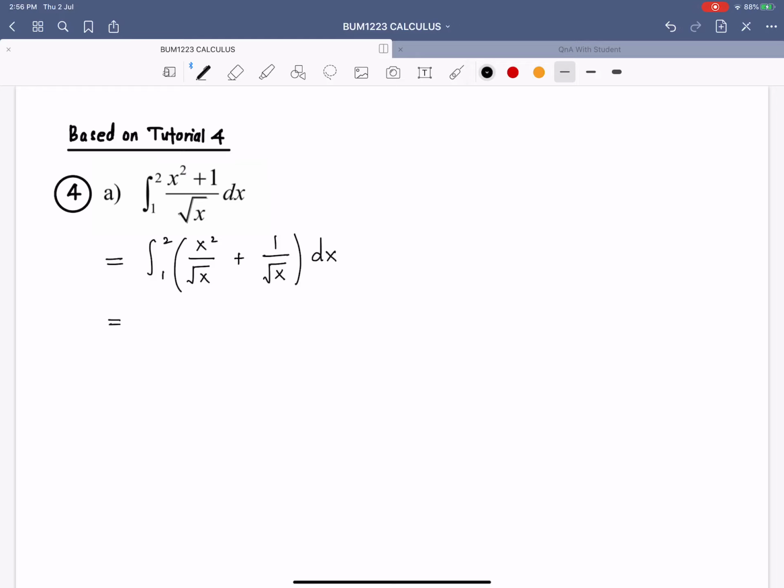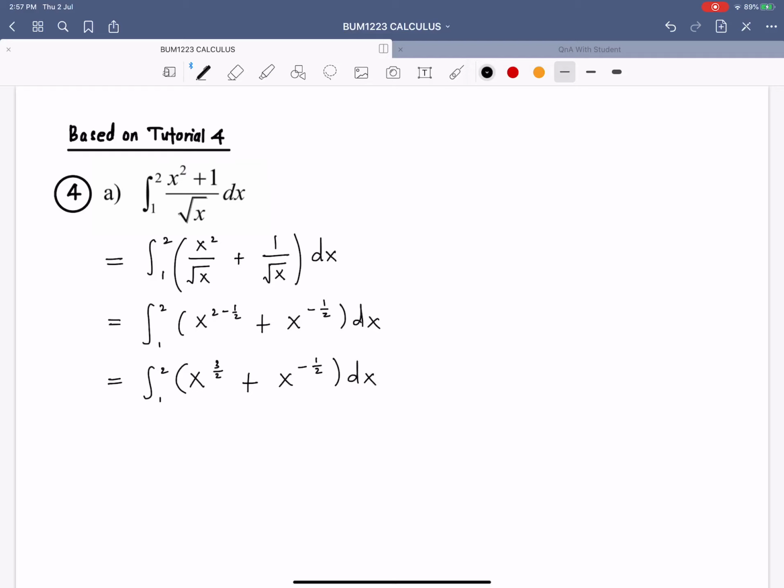This is equal to integration from 1 to 2. We have not yet integrated it; we just rewrite it first. x to the power of 2 minus 1/2 plus x to the power of negative 1/2, dx. This is equal to integration from 1 to 2 of x to the power of 2 minus 1/2, which is 3/2, plus x to the power of negative 1/2, dx.